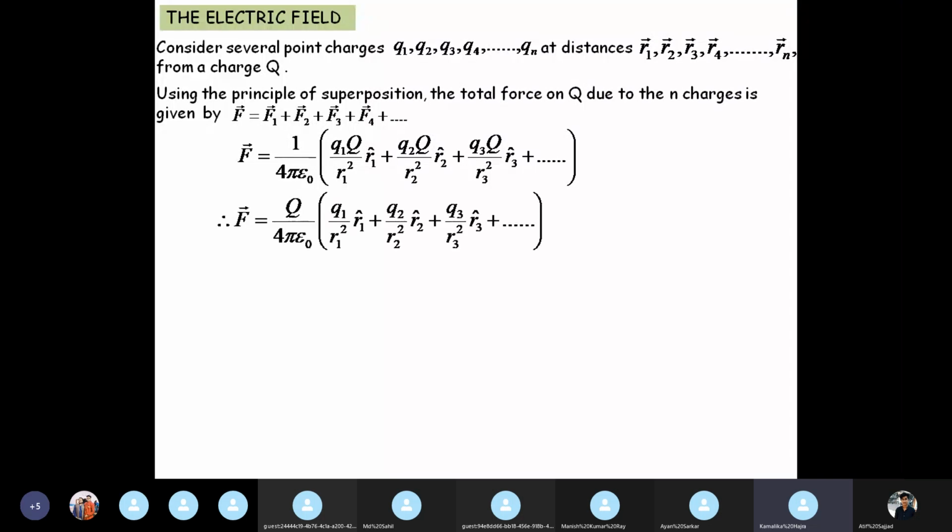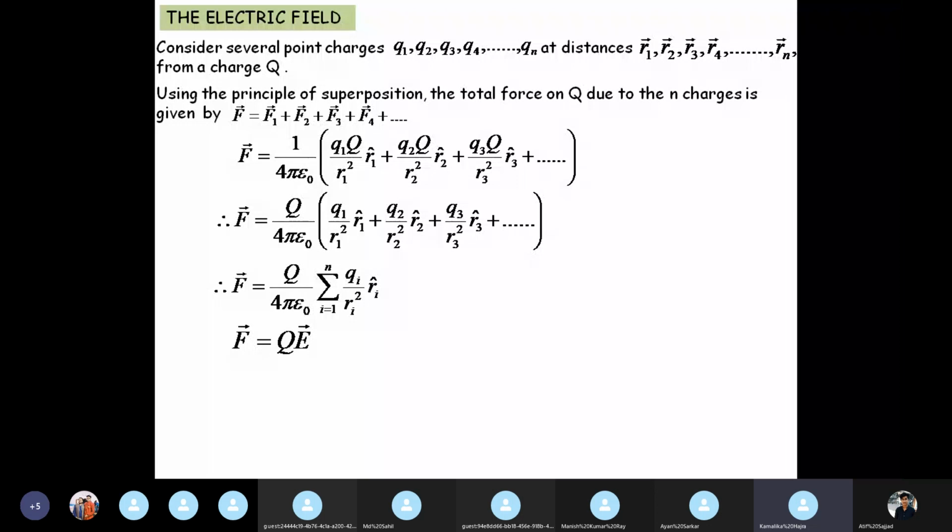So it can be written like capital Q by 4 pi epsilon naught, and within bracket q1 by r1 square r1 cap plus q2 by r2 square r2 cap, etc. So we can use the summation sign over here, and this can be written as capital Q into capital E vector.